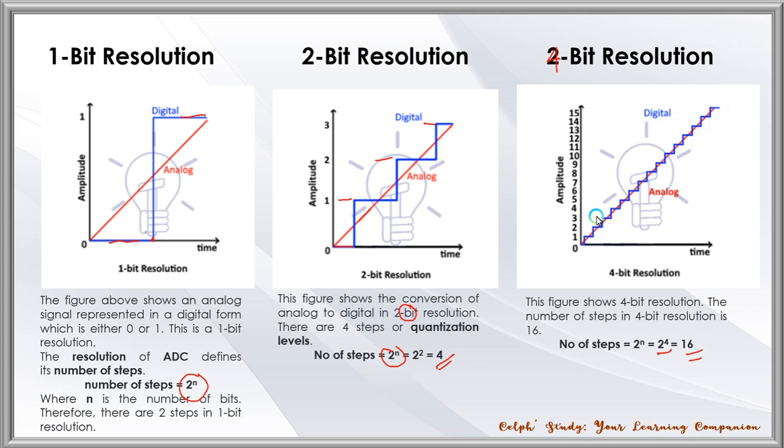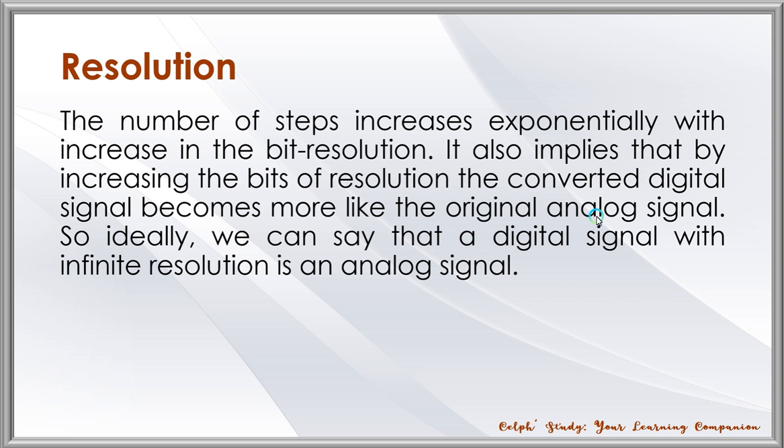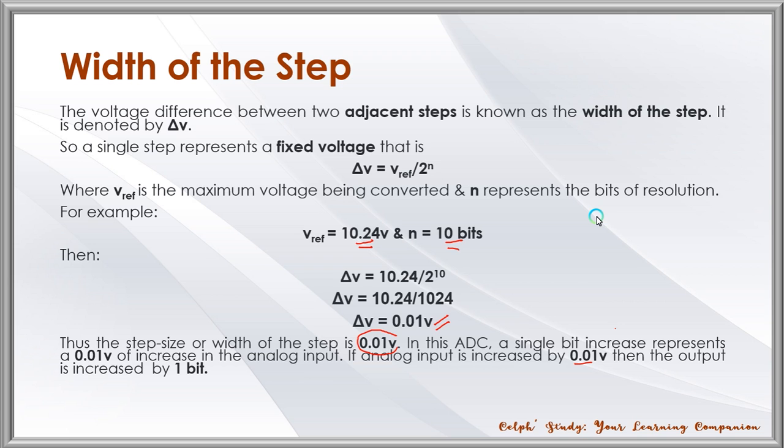So kinahanglan natin damuon ang aton nga number of bits kay para makuha natin ang specific original signal. So ideally, we can say nga kung ang aton nga digital signal infinite ang iyang resolution, o gagmay-gagmay na lang ang aton nga spacing, pwede kita makuha ang given naton nga analog signal.